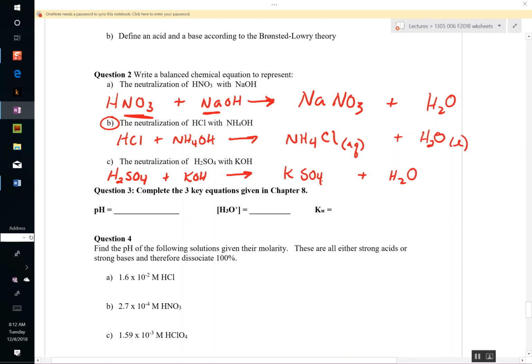Positive what? +1. And the sulfate has what charge? -2. So potassium sulfate is going to be K2SO4. It's going to take 2 of these to react with 1 H2SO4. And how many water molecules will that produce?